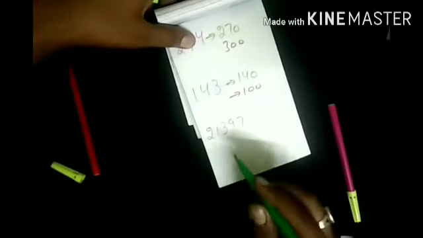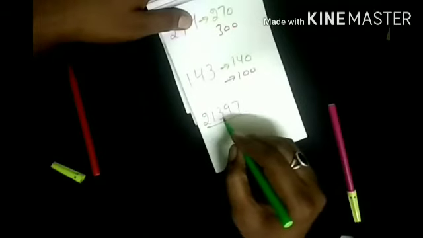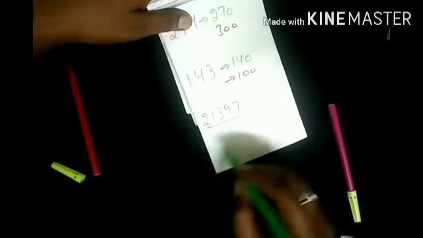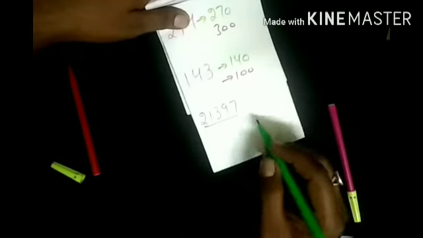Now this is the number 21,397. Now I will round it off to the nearest 10, nearest 100, nearest 1000 and nearest 10,000 also.